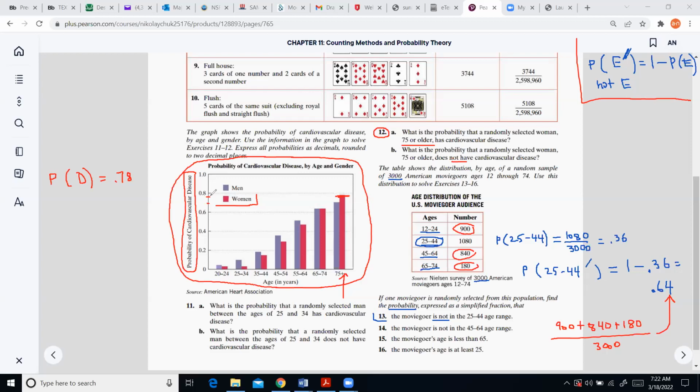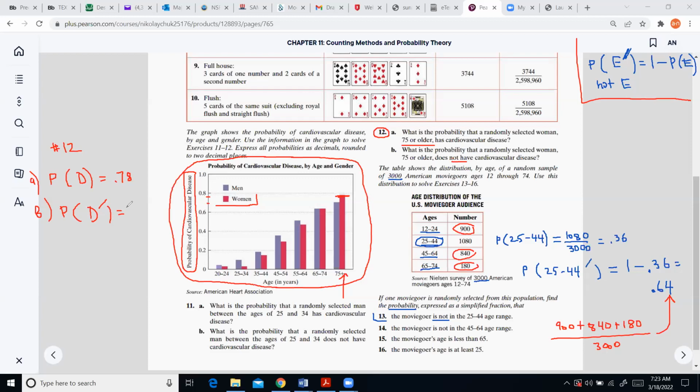So we read the graph. So it looks like in part A of the problem, in exercise number 12, they asked what's the probability? And we use the graph to make our guess to get the closest possible. Now part B here says, what's the probability that a woman does not have that disease, which means it's a complement, right?